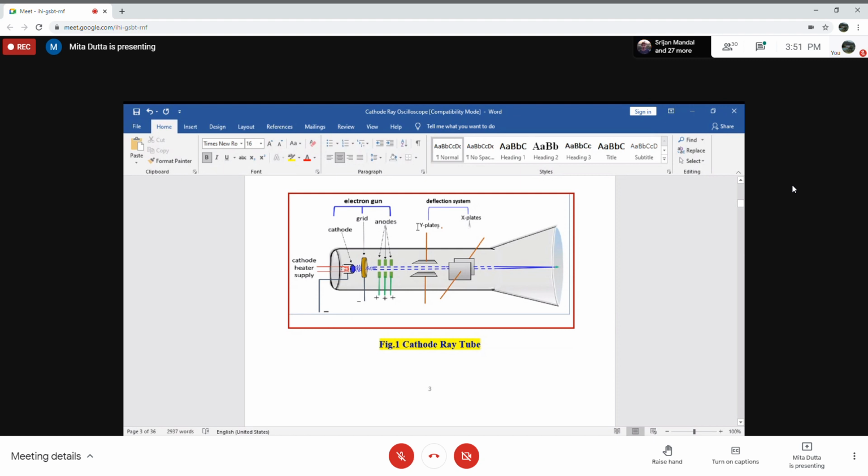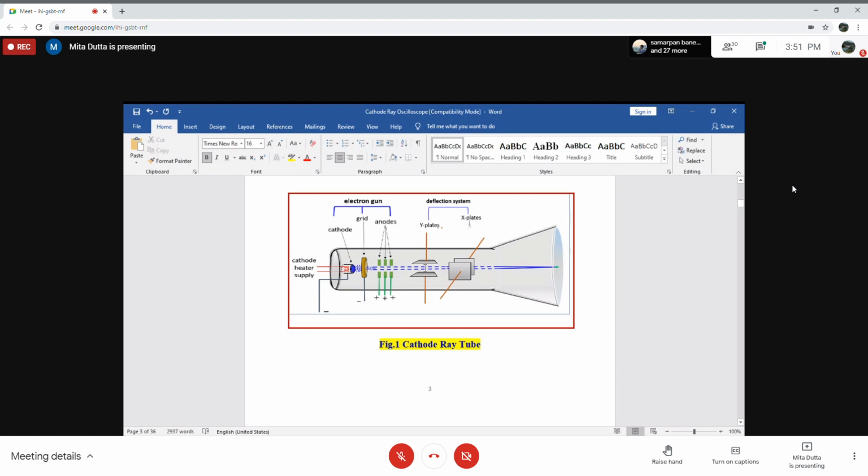And when voltage is applied, we have seen from the previous figure how the voltage is applied to the Y plates and X plates. Due to the voltage applied to these plates, the beam will move in the horizontal and vertical directions.